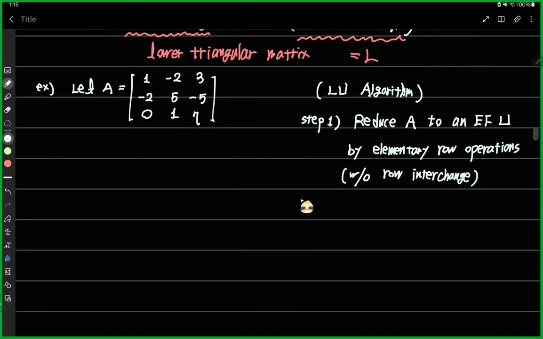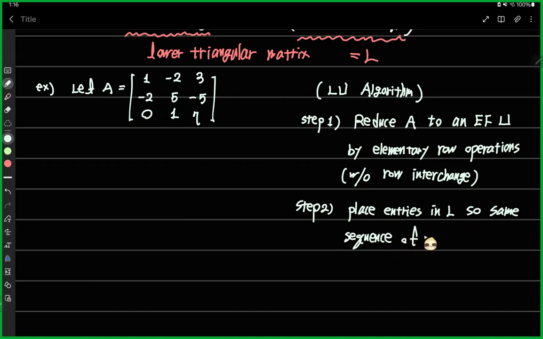And step 2 is to place entries in L. So the same sequence of row operations reduces L to I. Okay.